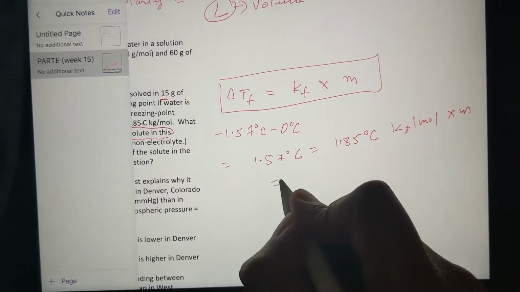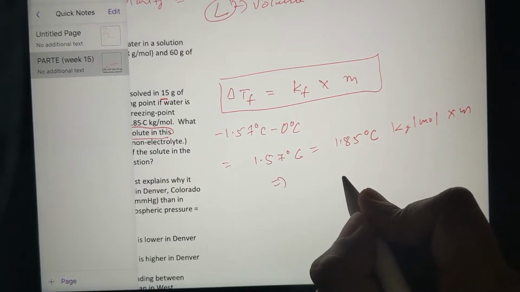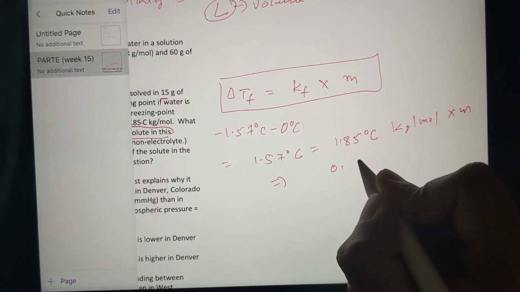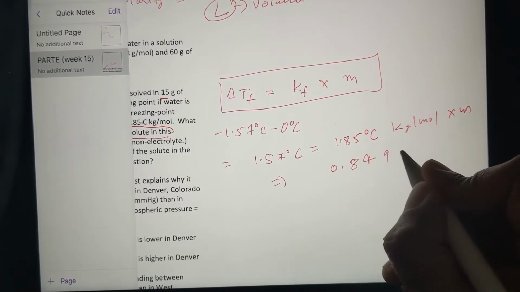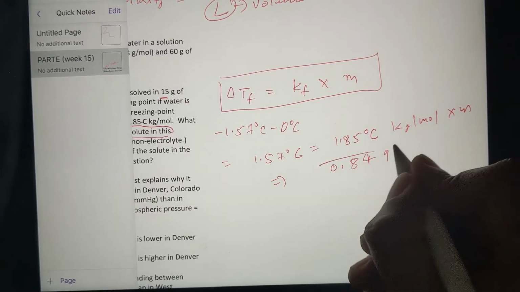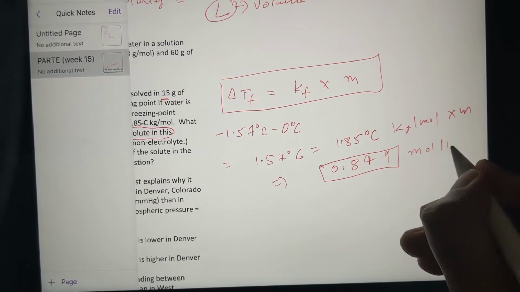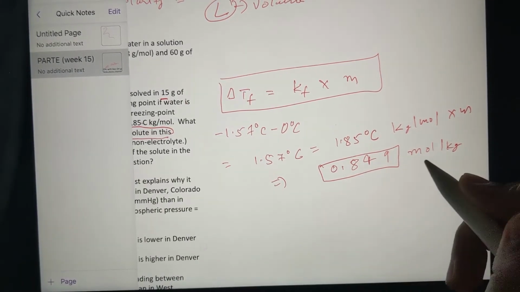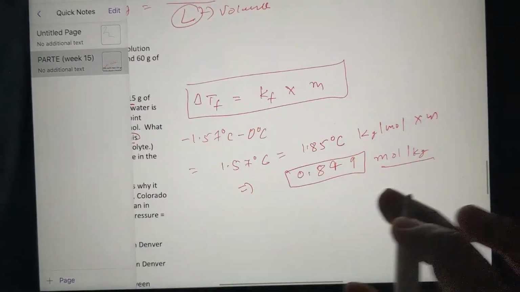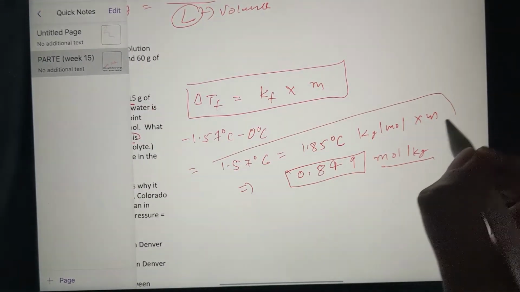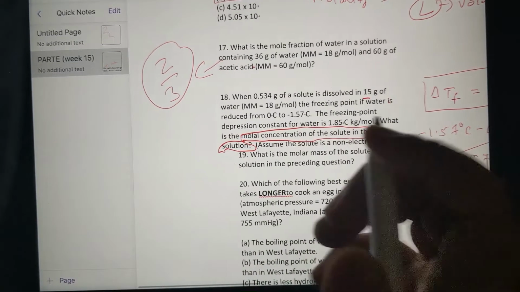If you solve this, you get around 0.849 mole per kg, which is the unit of molality. So the answer for this one is going to be 0.849.